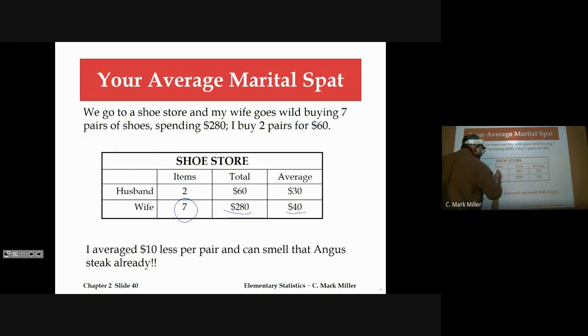I buy 2 pairs of shoes, but they're $60 total. I'm sorry. So $30 a pair. So she spends $40 a pair. I spend $30 a pair on mine. I average $10 less per pair, and I can smell an Angus steak coming in my general direction. Okay? So that's the shoe store.